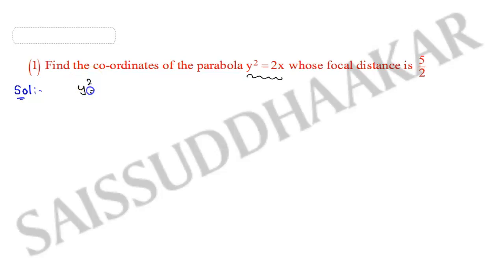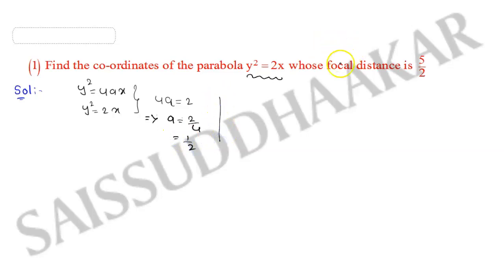First I am taking the standard form of the parabola, that is y square is equal to 4ax. Comparing with y square is equal to 2x, by comparison 4a value is 2, a is equal to 2 by 4, that is equal to 1 by 2.